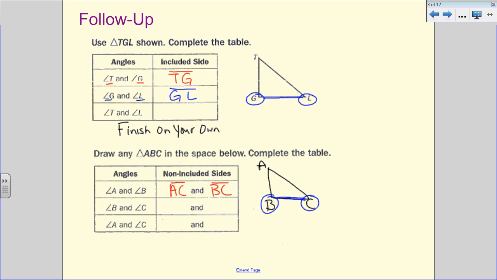So that means I am using BA and CA. So once again, I can't have both the angles in the segment name. So if my two angles are B and C, I have to put B with A and C with A. So I want you guys to, on your own now, take a drawing of triangle ABC. And it doesn't matter how you label yours. And I want you to do this last one on your own.